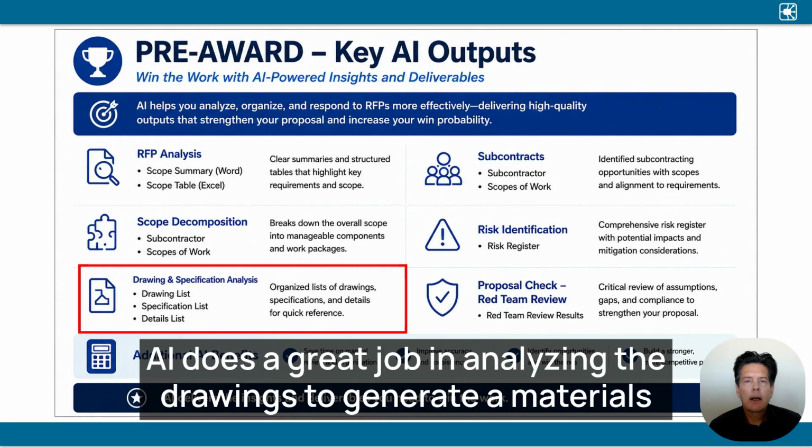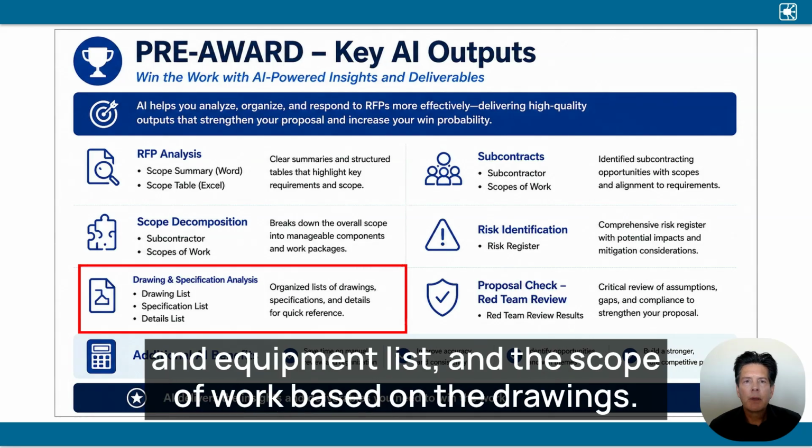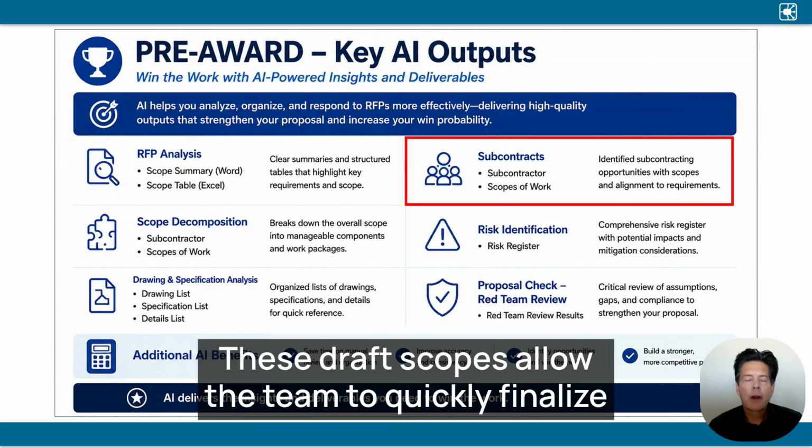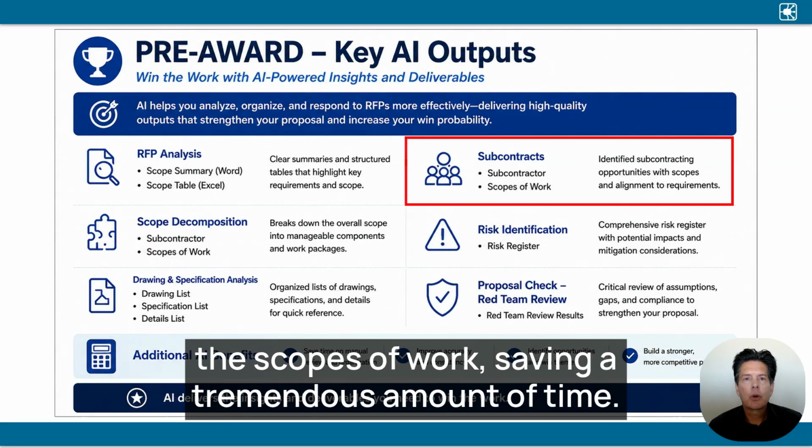AI does a great job in analyzing the drawings to generate a materials and equipment list and the scope of work based on the drawings. I can also, for subcontracts, create the subcontractor scopes of work. These draft scopes allow the team to quickly finalize the scopes of work, saving a tremendous amount of time.